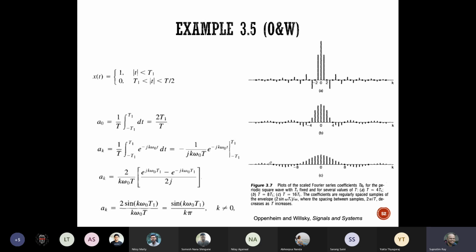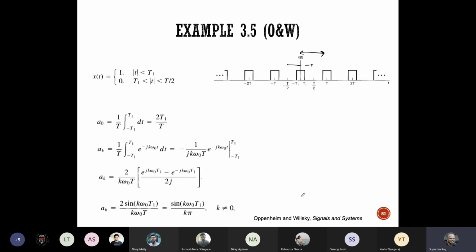Here is a figure again taken from Oppenheim and Willsky. These are scaled Fourier coefficients. I'm plotting T times ak for 3 different values of T. Here it's 4 times t1, 8 times t1, and 16 times t1. When it becomes 8, it's essentially becoming thinner, and 16 is even thinner.